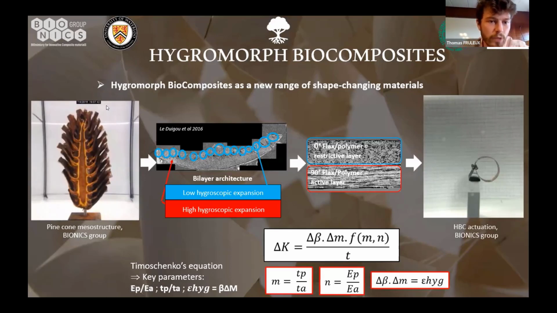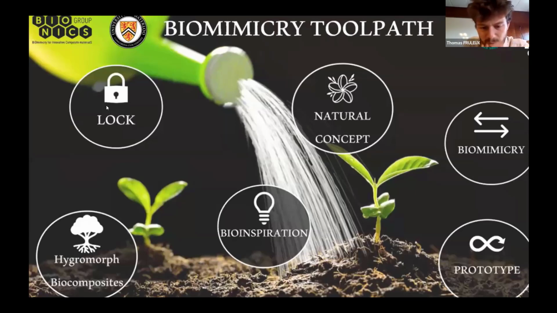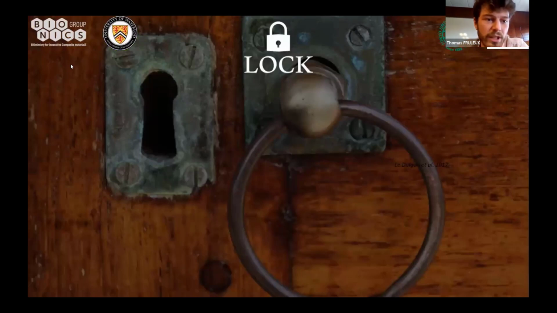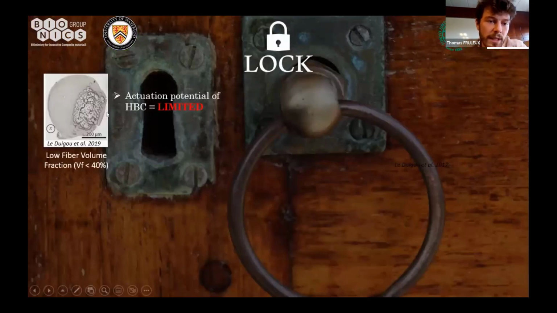So now the lock that we know with this material is the following. This is a section of the filament that we print, and we know that in our material we cannot exceed a specific fiber volume fraction. This is problematic for us because the fiber is the actuator inside a hygromorph biocomposite. So this is the fiber which swells and which generates the motion.